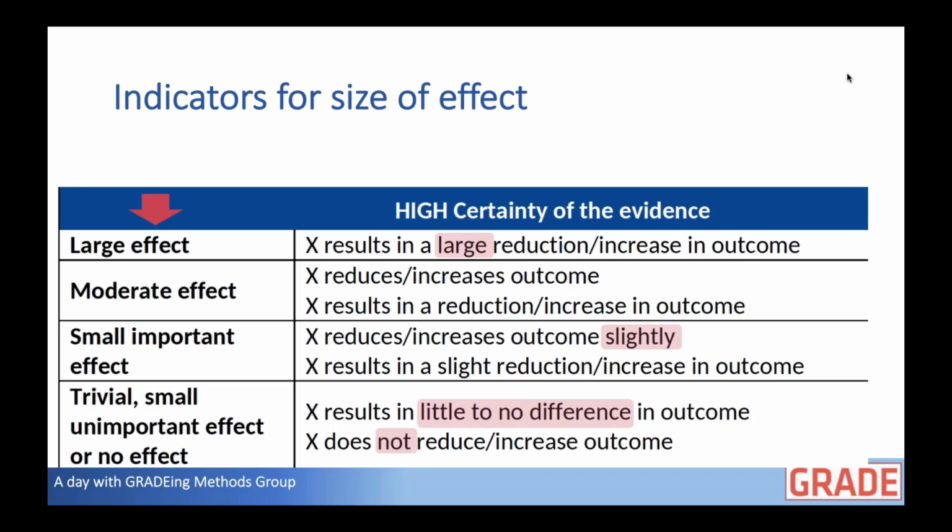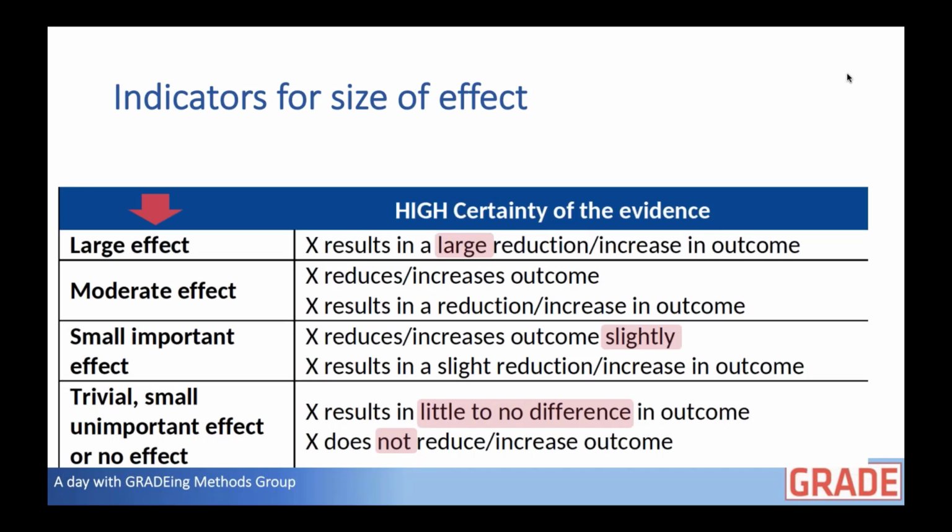And then the words that we use to represent the size of the effect: if it's a large effect, just as Gord was talking about the different thresholds, you would say that it results in a large reduction. Moderate, we have no qualifying words for that. And for small, we would say that it slightly reduces or slightly increases. And then if it's really on that point of being trivial or no effect, we would say there's little to no difference.